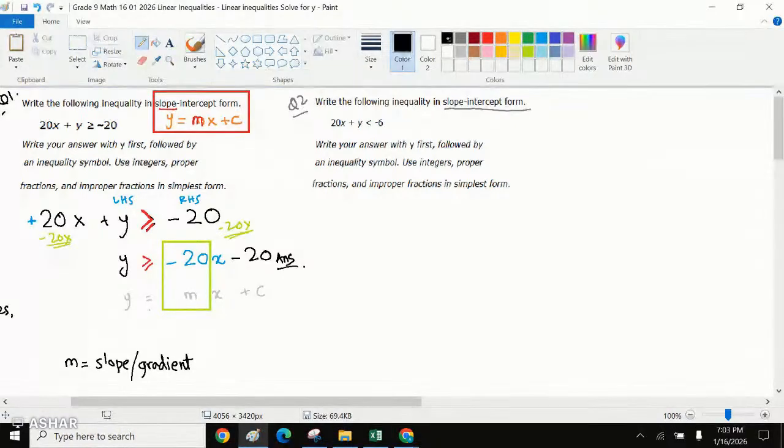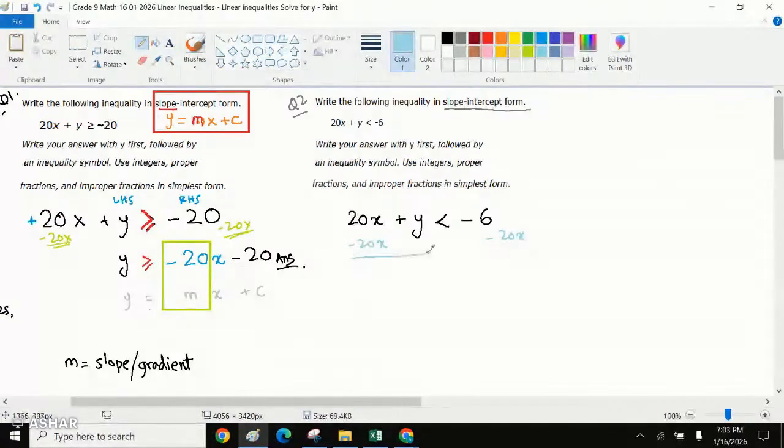The inequality given to us was 20x plus y is less than negative 6. So can we subtract 20x on either side?